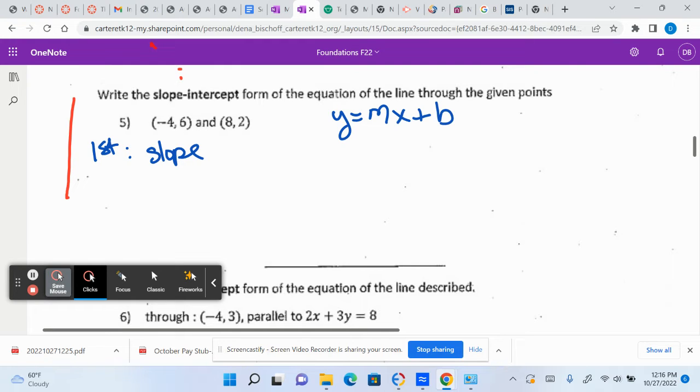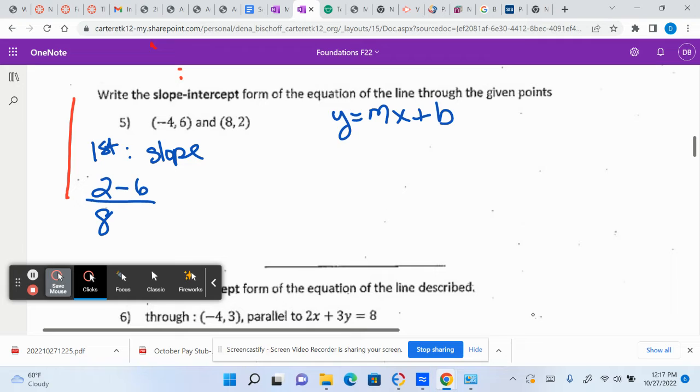Oh, okay. Wait. Okay, I got it. Okay. 2 minus 6 over negative 4 minus 8.